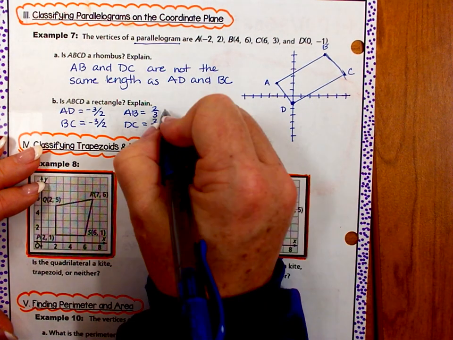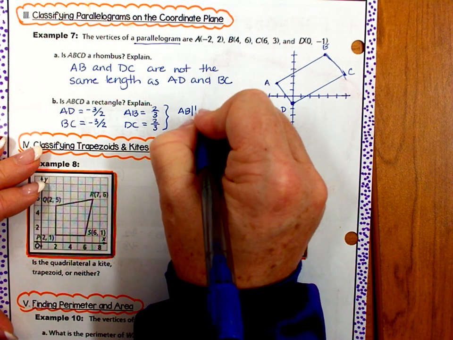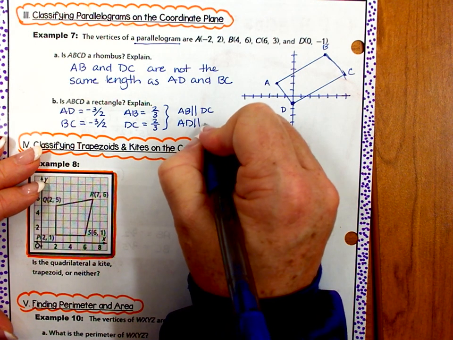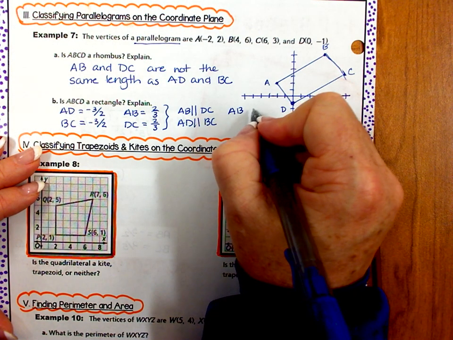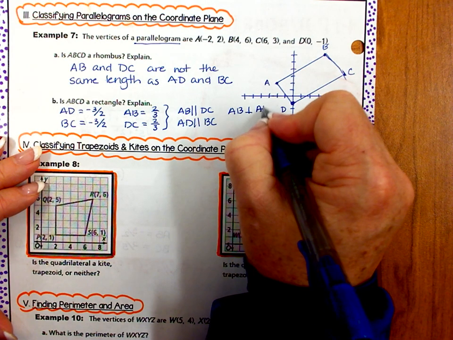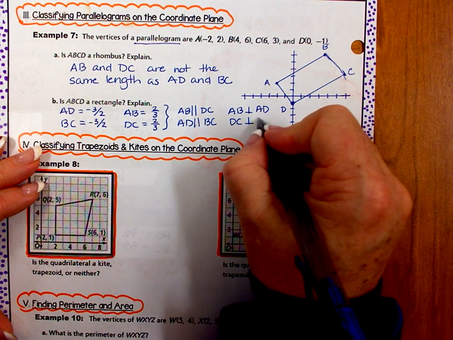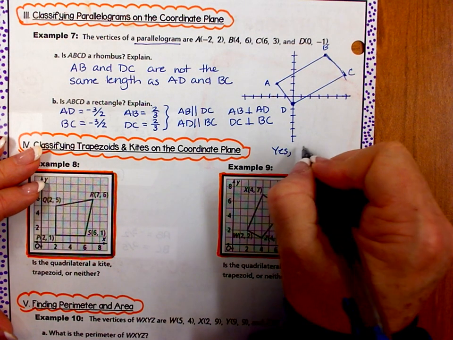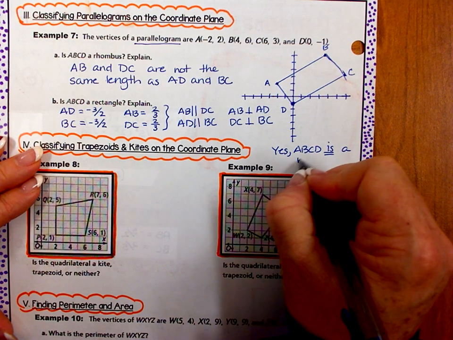Okay, so we know that AB is parallel to DC and AD is parallel to BC. And then we also know that AB is perpendicular to AD and DC is perpendicular to BC. So we would have to say yes, ABCD is a rectangle.